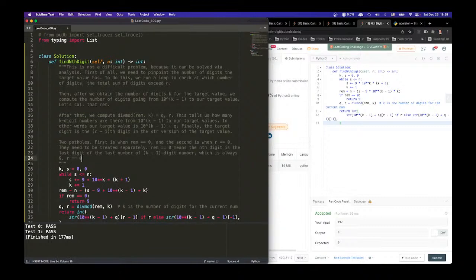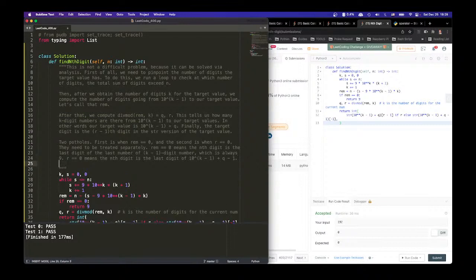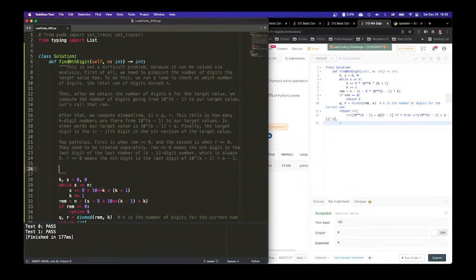R equals 0 means the nth digit is the last digit of 10 to the k minus 1 plus q minus 1. Right, so these are the two things you need to worry about.